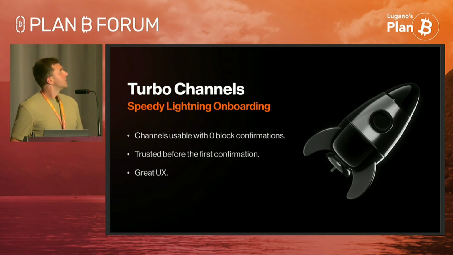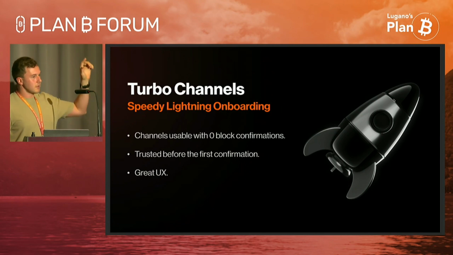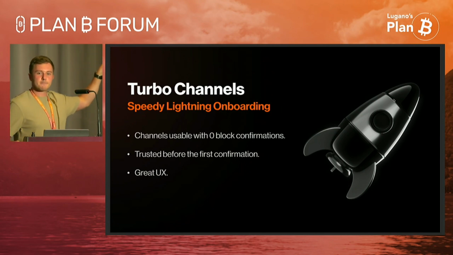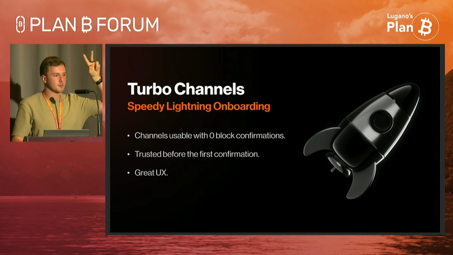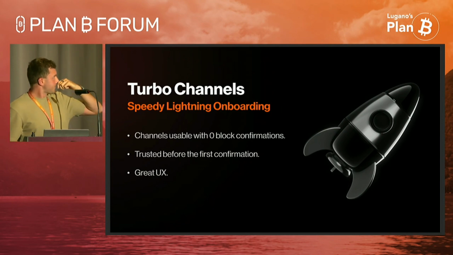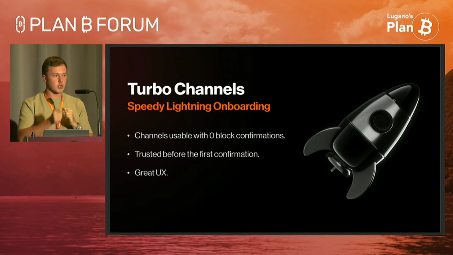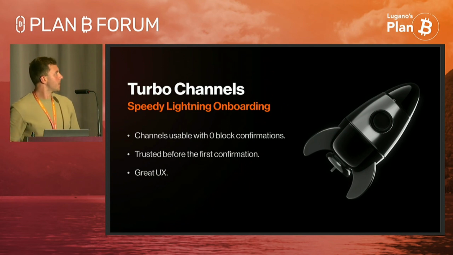Almost lost a slide. Before I mentioned turbo channels, and turbo channels are used in LSPS1 and LSPS2. Turbo channels are Lightning channels that you can start using as a user without any block confirmations. It's a regular Lightning channel, but you can send back and forth before the first on-chain confirmation.